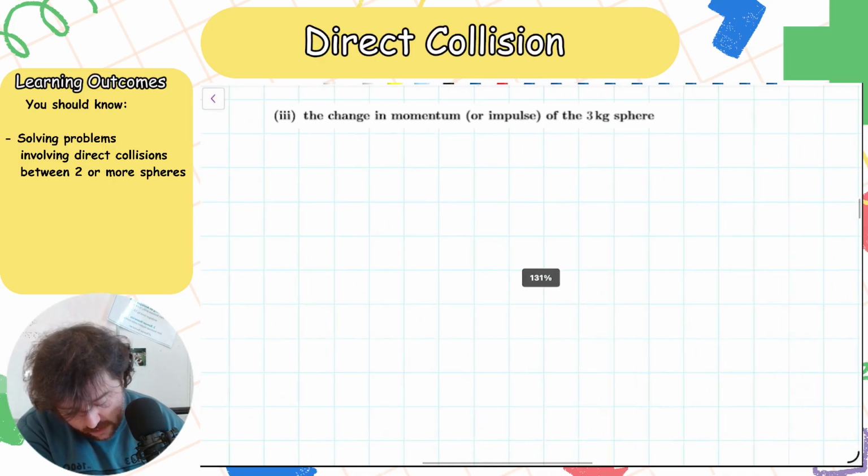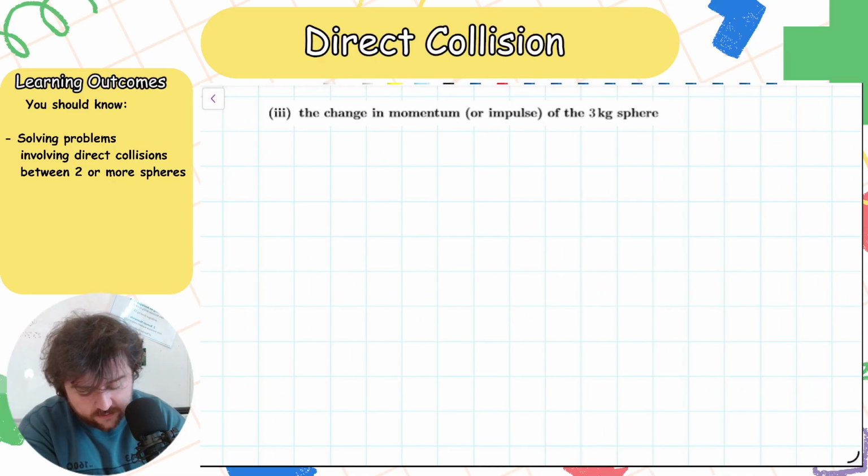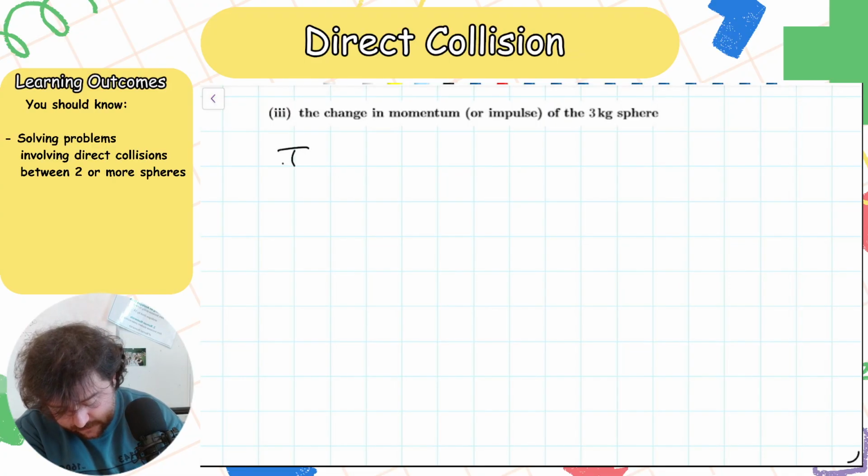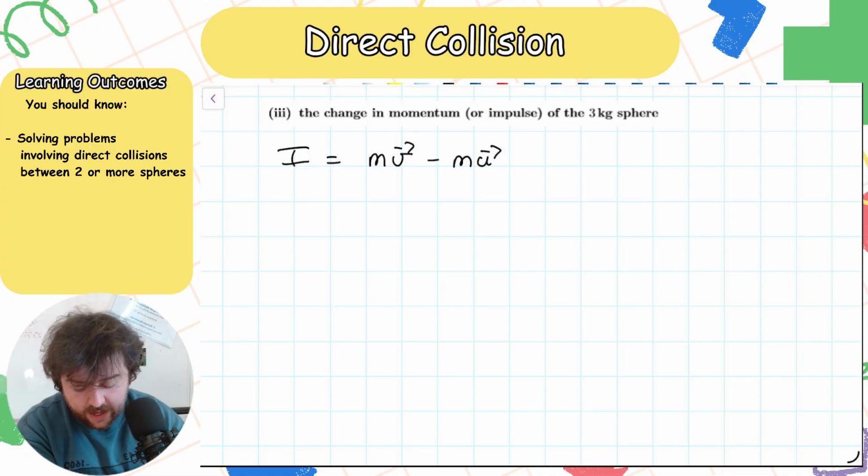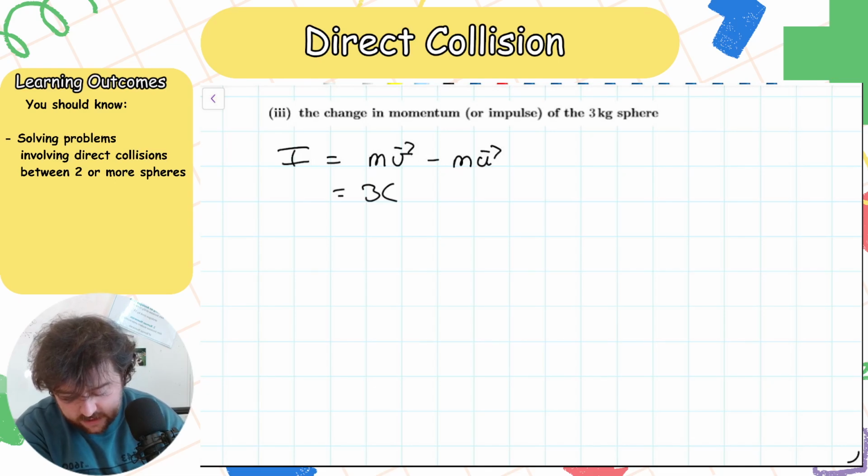Then the change in momentum or impulse of the 3 kg sphere. So we're looking for the impulse. The impulse is mv minus mu. So it's 3 times the velocity afterwards, which is 13/3 i, minus 3 times the velocity before. The velocity before was minus 4.